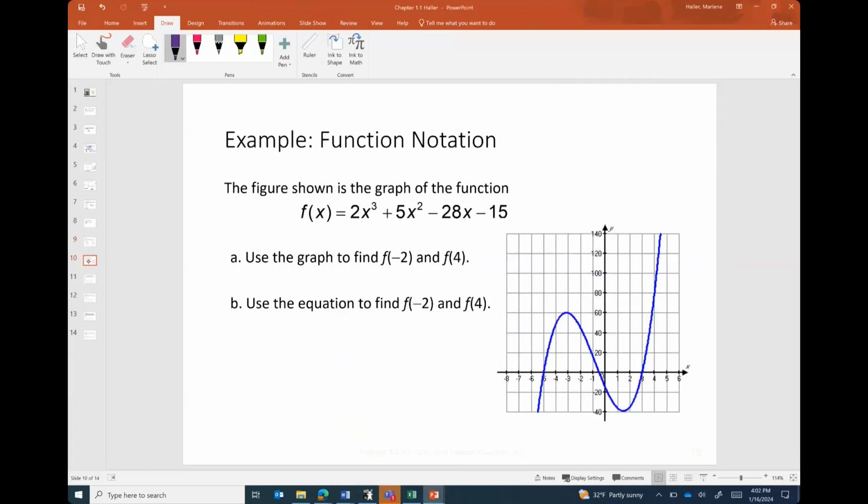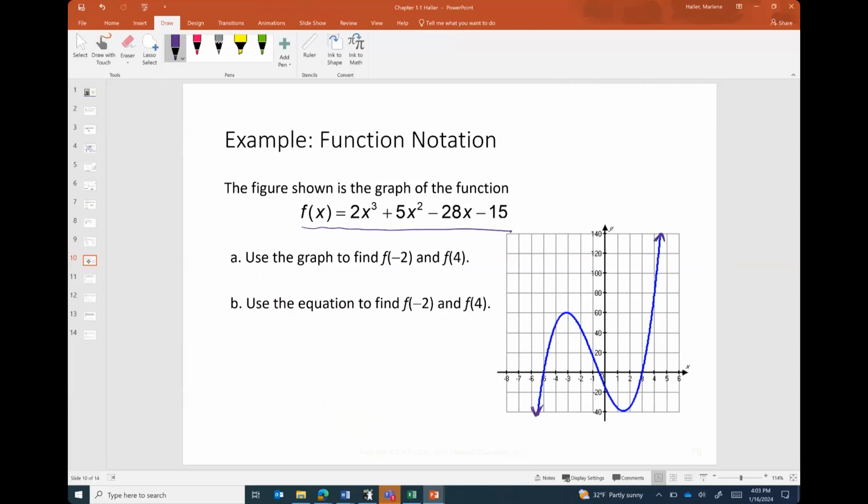All right. Look at this graph here. This is the function listed here, 2x cubed plus 5x squared minus 28x minus 15. This is the graph of that function. And whenever you don't see an open circle or a closed circle at the end, assume there's arrows.